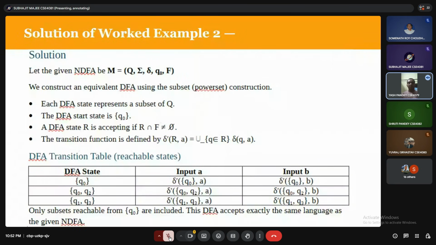This ensures our resulting DFA is as compact as possible while still accepting the exact same language as the original NFA. So this is how the question is done. Next, move to the GATE question on the next slide.